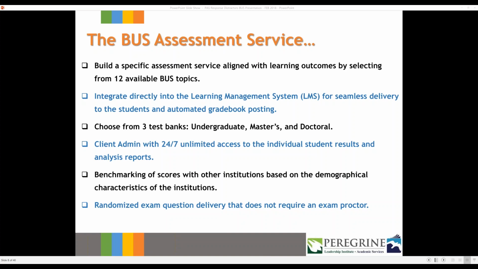And through the client admin side, you generate many of the reports that we are so well known for. Because we have 460 plus colleges and universities using our assessment and other educational services, we are really in a great position to provide you with a multitude of aggregate pools for your external comparison.